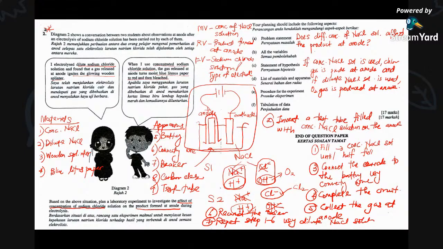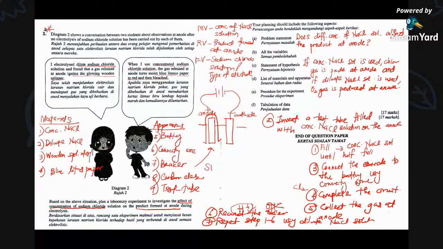Okay, it's getting messy. So these are the 7 steps that you have to put in. Additionally, because the gas is produced at the anode, you need to collect the gas, so you have to put in an inverted test tube.